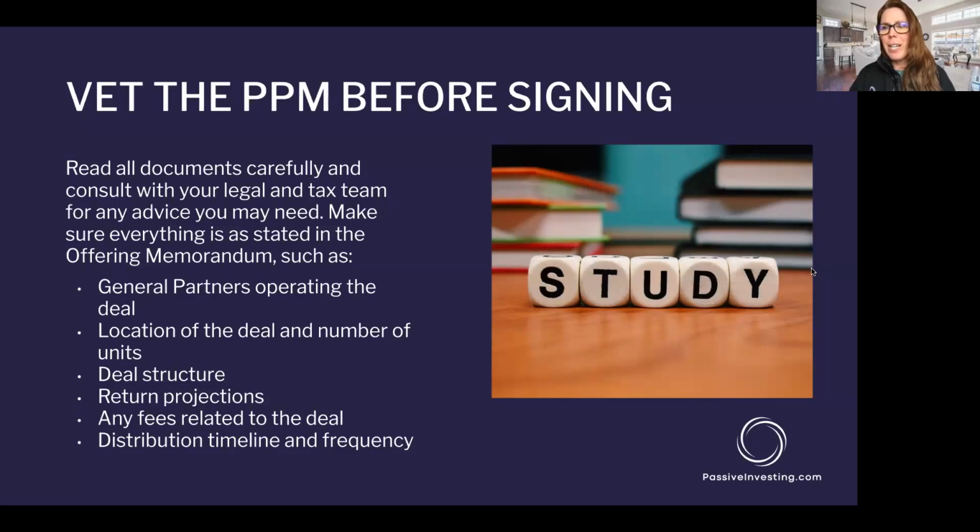You would spend money if you were buying your own piece of real estate, doing appraisals and inspections and stuff like that. Consider this: if you're putting down a $100,000 investment, $300 to protect that investment is probably money well spent.